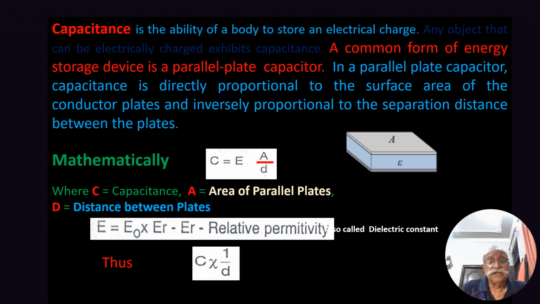Then ε is the permittivity of the material being used. Thus, C is proportional to 1 by D.